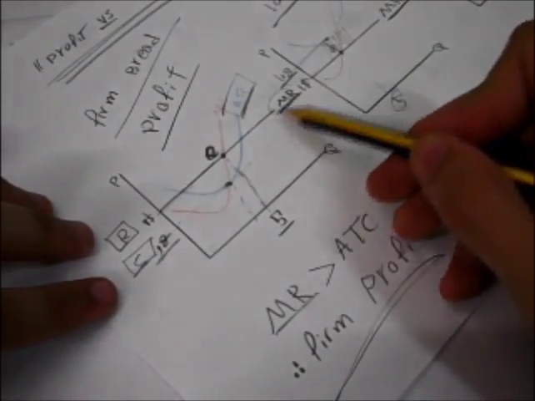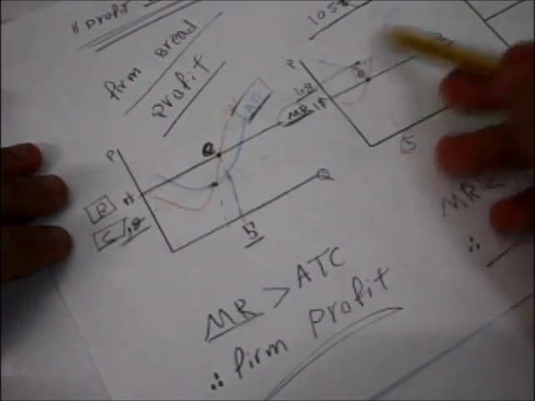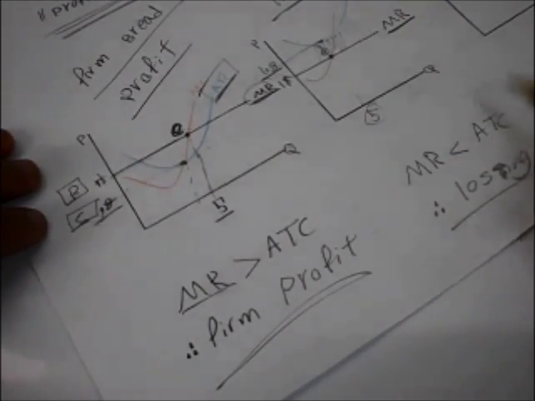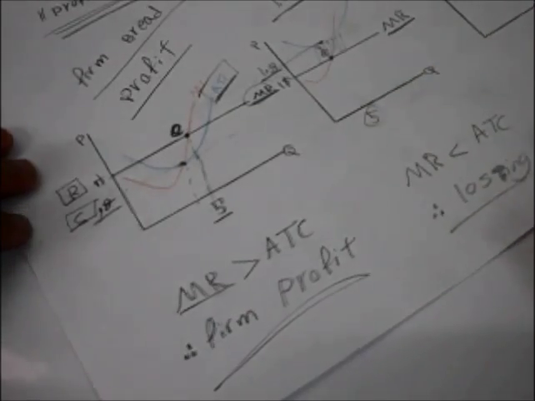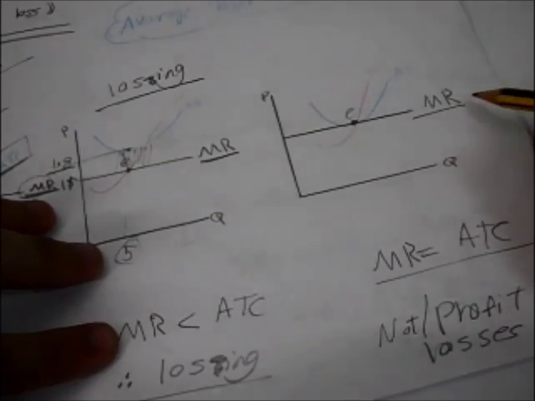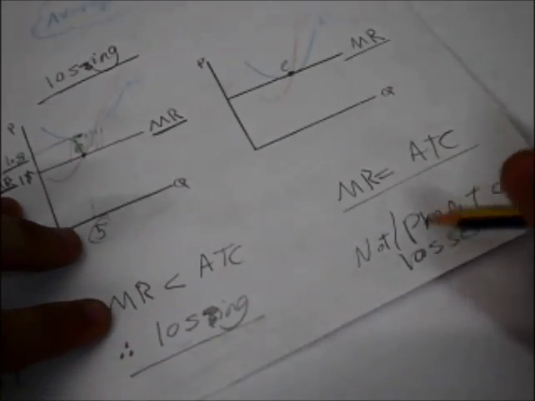If the marginal revenues is higher than the average total cost, then it's making profit, and if the average total cost is higher than the marginal revenues, then the firm is losing. But when the marginal revenues equals the marginal cost equals the average total cost, then the firm is indifferent.